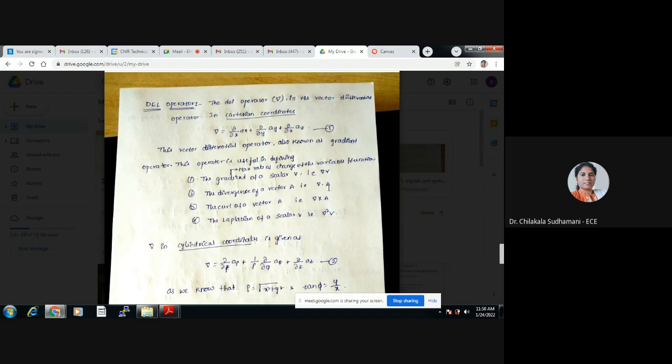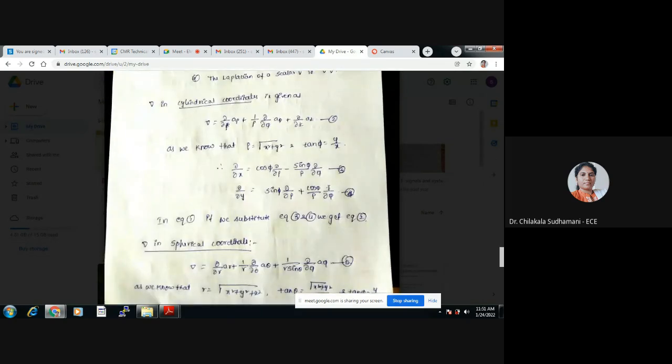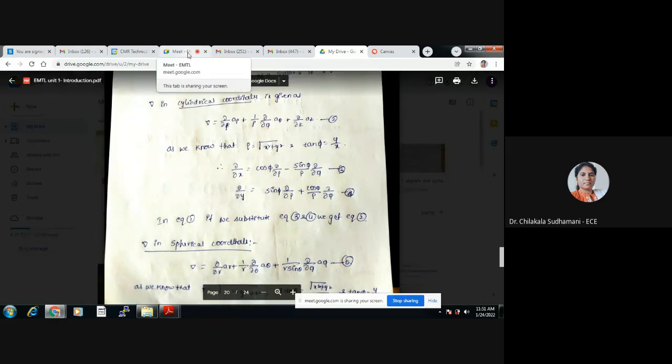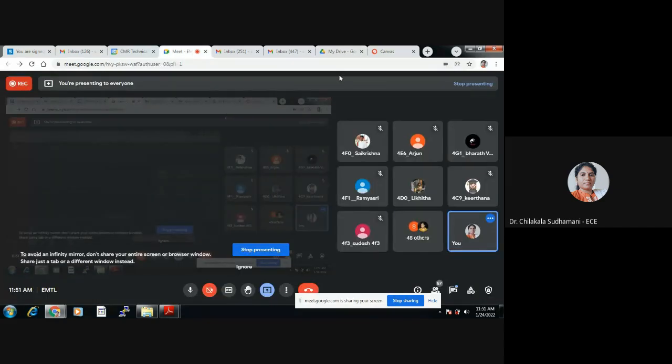Okay, now how do we find del dot A, del cross A and del square V for the three coordinate systems: Cartesian coordinate system, cylindrical coordinate system and spherical coordinate system. And can you tell me what is the del operator for the cylindrical coordinate system? Anyone? What is it for the cylindrical coordinate system? Yes, ma'am.